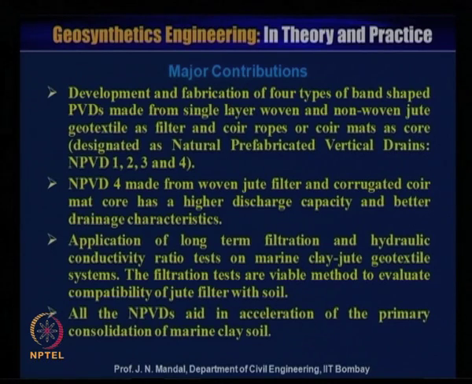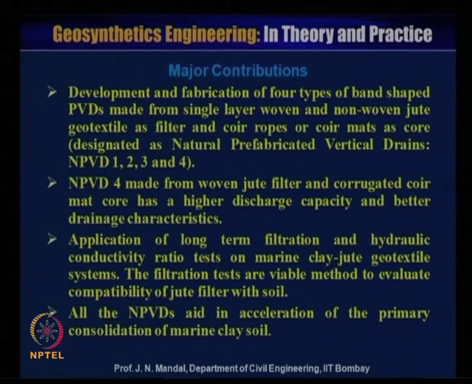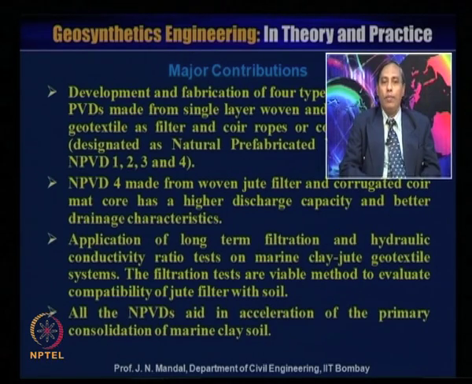Now, what are the major contributions from this test? The development and fabrication of 4 types of band shape prefabricated drain made from single layer woven and non-woven jute geotextile as filter and coir ropes or coir mat as core, designated as natural prefabricated drain NPVD1, 2, 3 and 4.